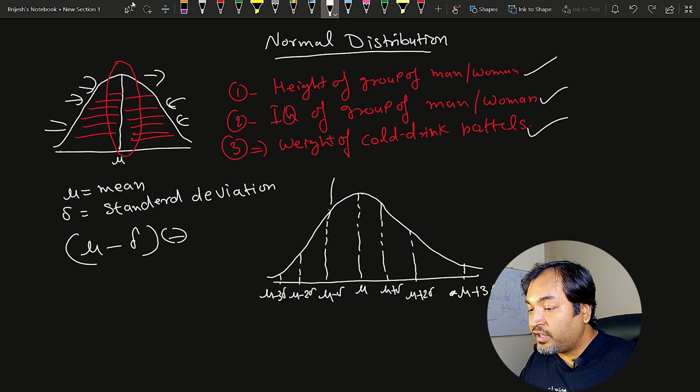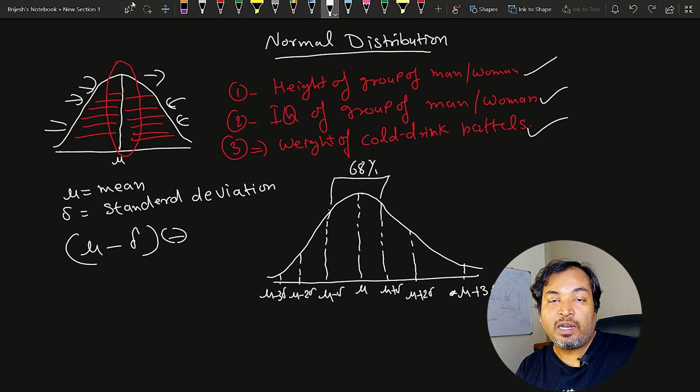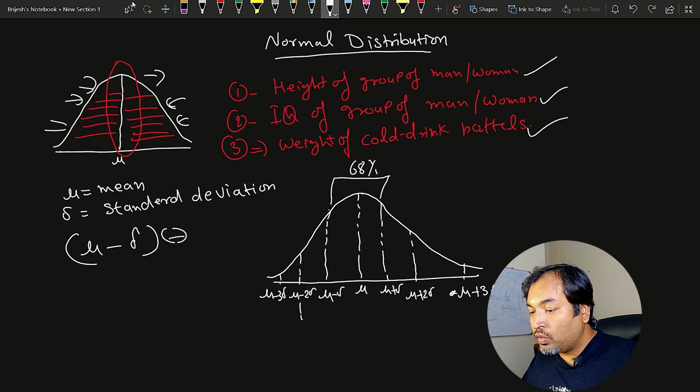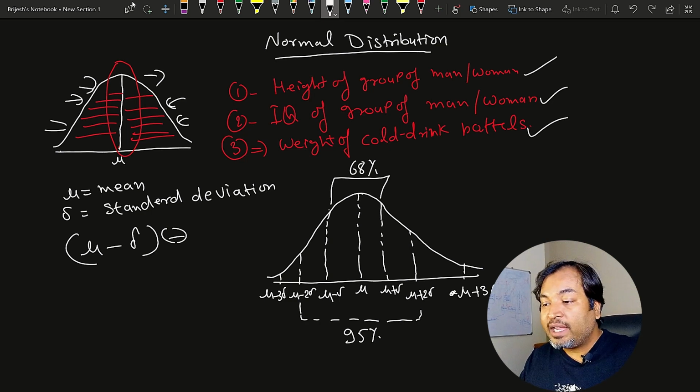If you go from mu minus eta to mu plus eta, you will get 68% of the probability values distributed. Similarly, if you go from mu minus 2 eta to mu plus 2 eta, you will find 95% of the distribution lies in this range.